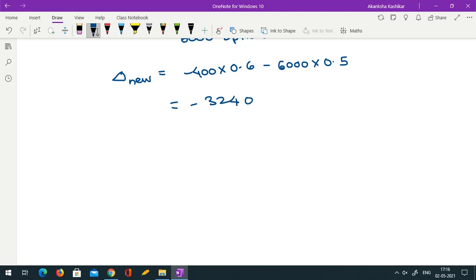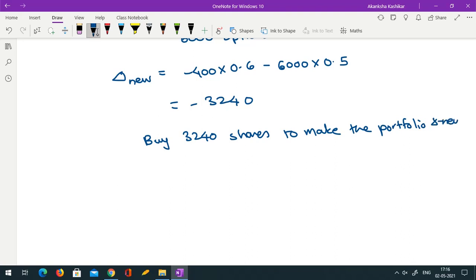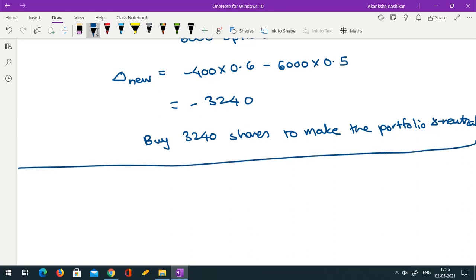So we will have to buy 3240 shares to make the portfolio delta neutral. Of course, now we don't have to worry about vega and gamma neutrality because for shares, vega and gamma are both 0, so they won't affect the vega and gamma neutrality of the portfolio.